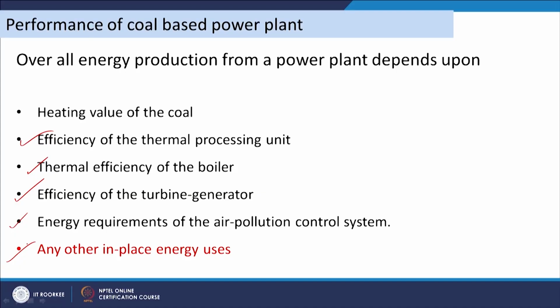As I have shown, after the heat recovery from the flue gas, it is allowed to go into the atmosphere as exhaust gas. So, at which temperature we are releasing this exhaust gas, and what type of fluids we are using for the heat exchanger purpose, all those things will influence the performance of the power plant or any other in-place energy uses.